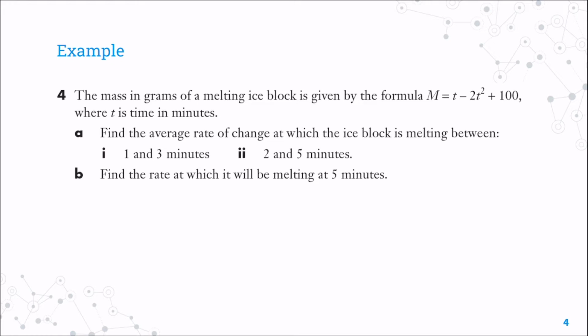So the average rate of change is going to be y2 minus y1 over x2 minus x1, which in this case y would be m and x would be t. For b, we are going to do dy/dx, find the derivative, but it will be dm, because m is the subject, over dt, because t is the variable.